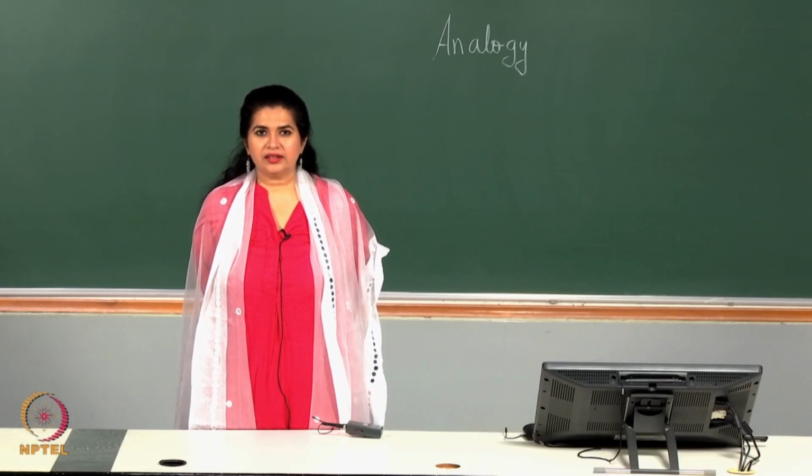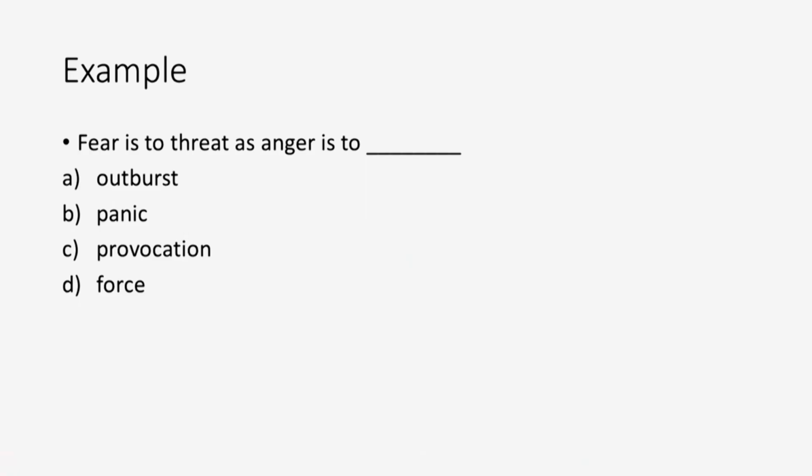Look at the slide here now. Fear is to threat as anger is to, fear is closely related to threat, right? If there is threat, there is fear. So, anger, outburst, panic, provocation, force. What are you being asked? Look at the kinds of choices that you can easily eliminate.